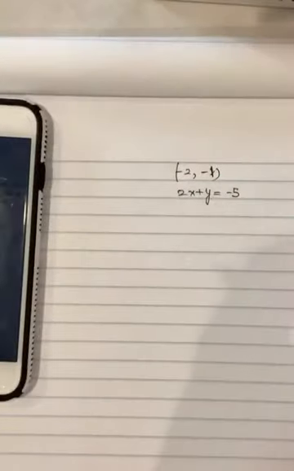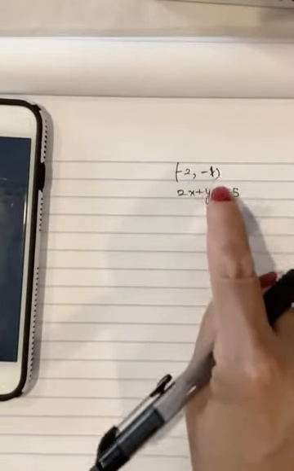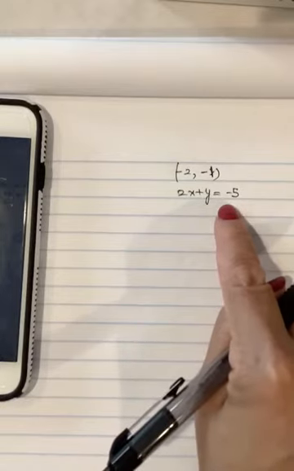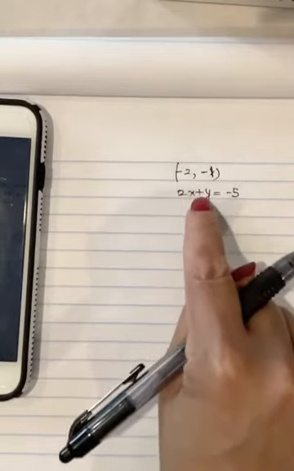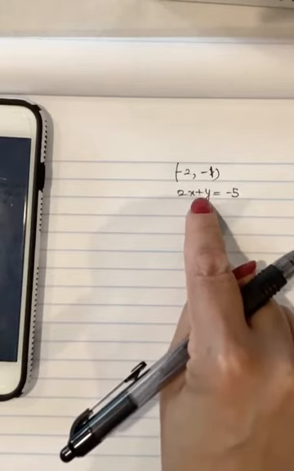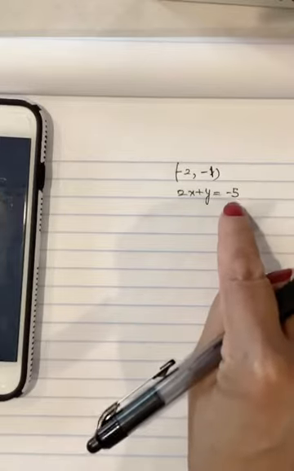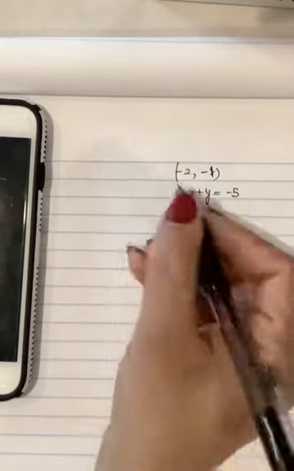So in order to find out if this answer satisfies this equation, we would do what we did in the previous problem. We'll take this value, plug it in the equation, and see if we get -5. If we get -5, that means it is a solution to the problem.